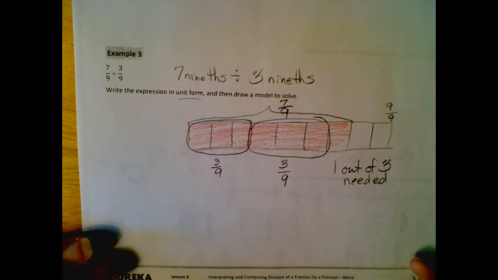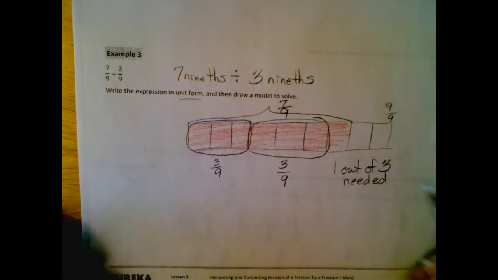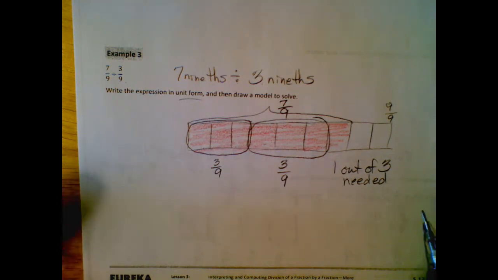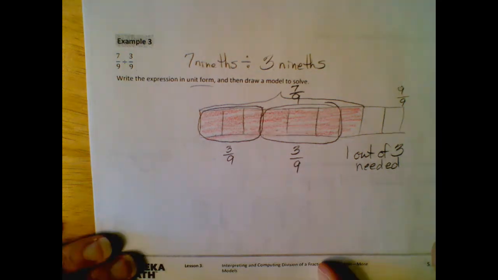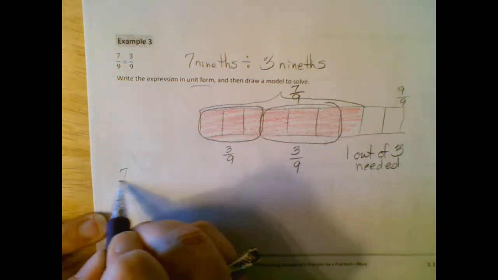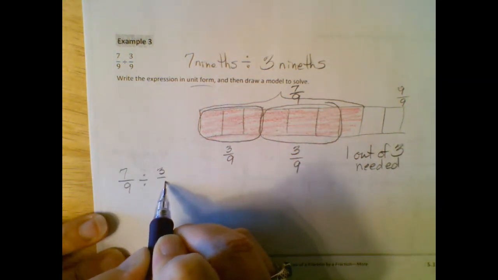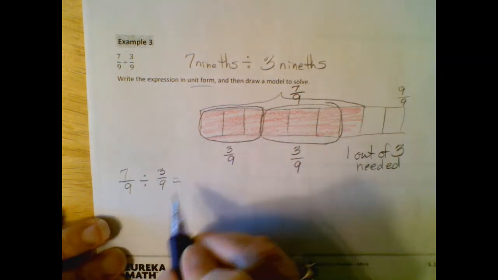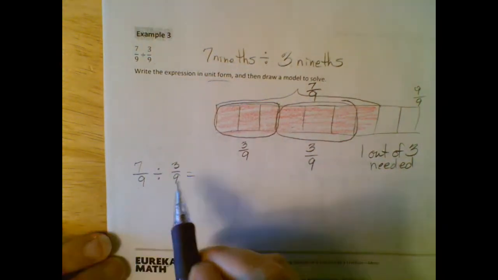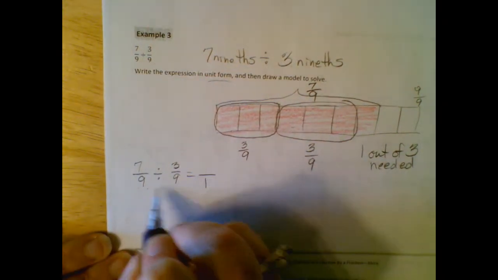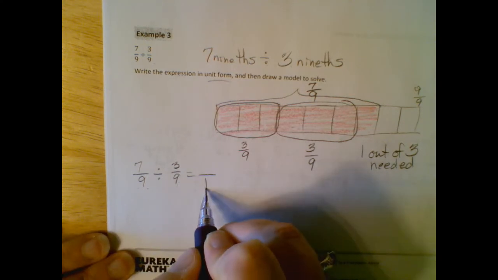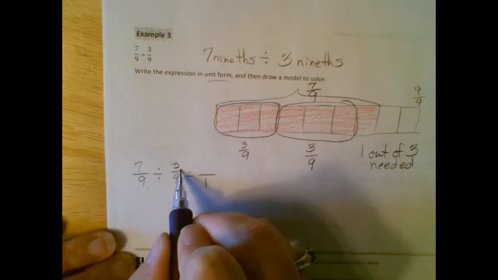That's how that 3 becomes our denominator when we're working with dividing fractions. So let's see, if we are dividing 7/9 broken into groups of 3/9 equals 9 divided by 9 is 1. 9 broken into groups of 9 is one group of 9. 7 divided by 3.